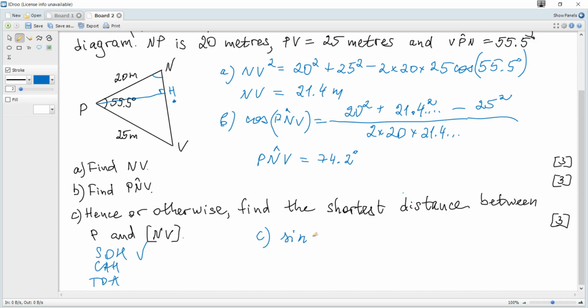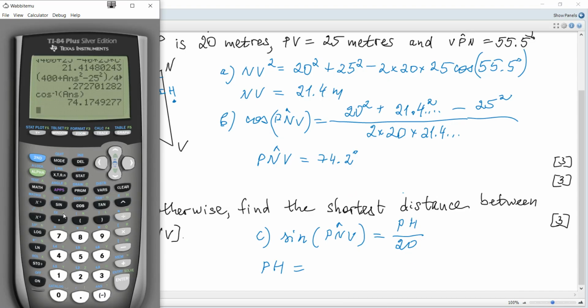So sine of PNV is opposite PH over PN, it's 20, hence PH is just multiply both sides by 20, so it becomes 20 times sine of the angle, and again you should take the exact value of the answer.